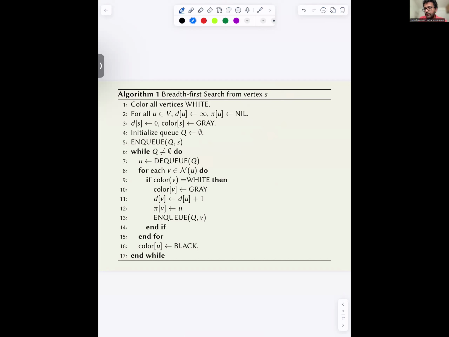The source vertex is the vertex from which you start the exploration, S. And you also have a function D. D is assigned infinity for everything, and only for S, D is assigned to be 0. D is eventually going to be the length of the shortest path.